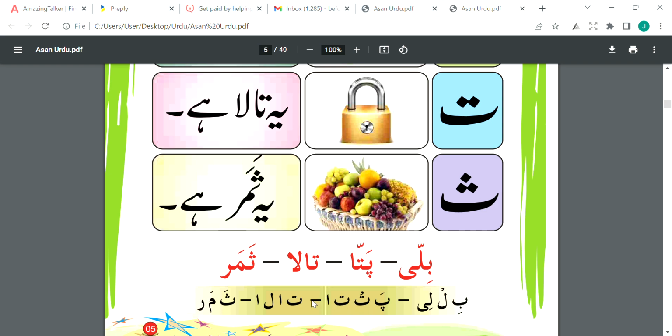The third one is tala, which is a lock. So, te, alif, lam, alif is tala. Tala is a lock. And lastly, fruit is samar, which is se, meem, re. Samar is fruit.